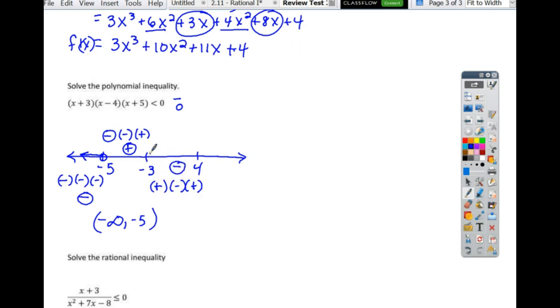So I do want to include this. So this is open circle to here. So that's negative 3 to 4. And then I'm going to test over here, 5. That's going to give me positive, positive, and positive, which is positive, so I don't want that. So this is your answer.